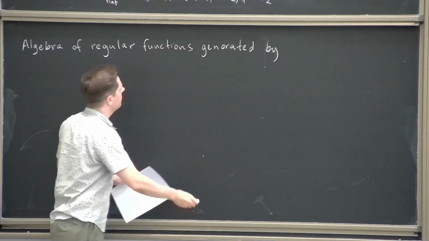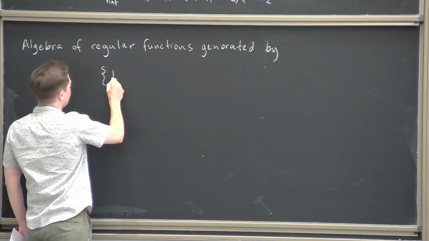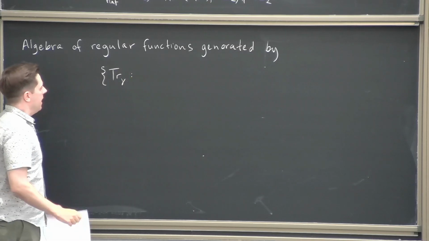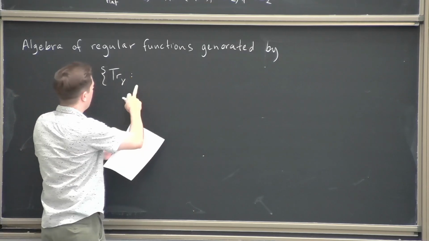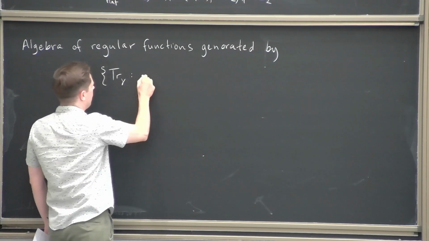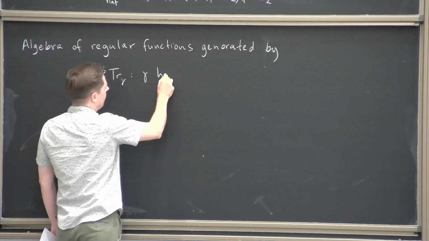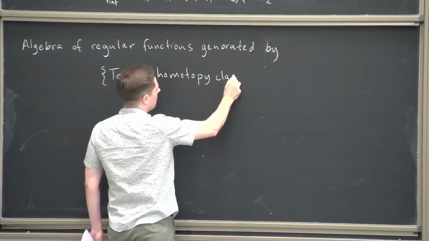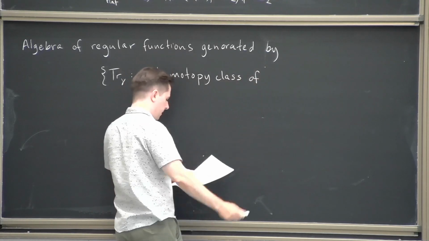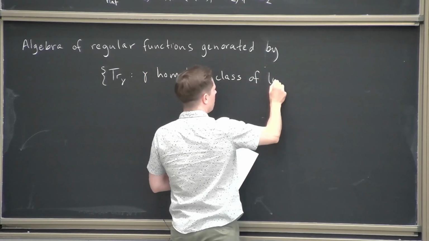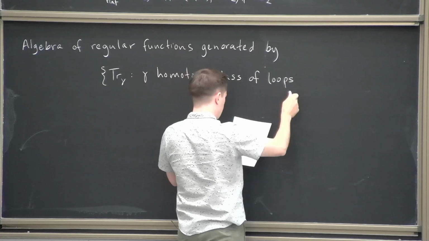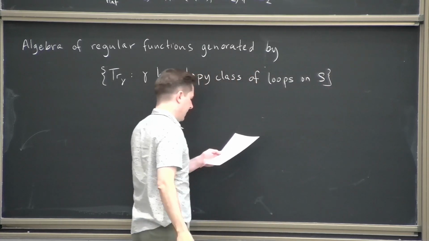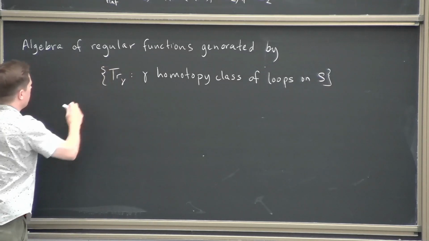So we have a set of regular functions that I'll call trace gamma. And what this means is, what is gamma? Gamma is referring to a free homotopy class of loops on S. And what is the definition of this function?